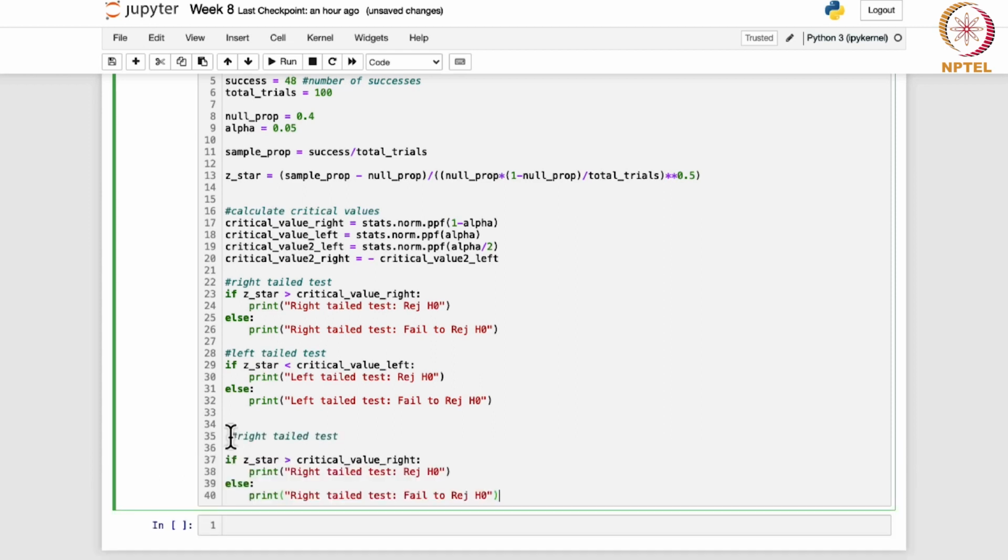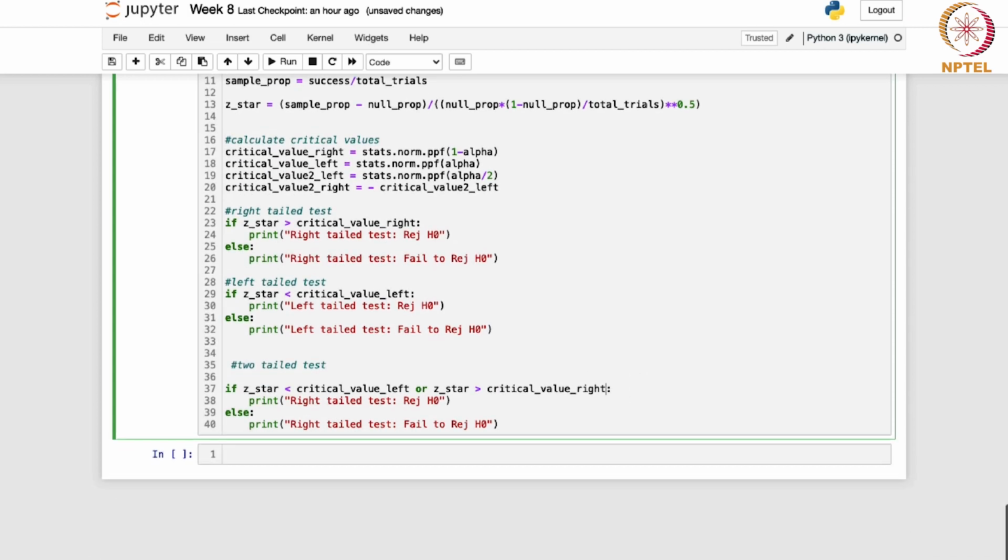For the two tail test we have to look at both the tails. So z star is less than your left tail critical value, or z star is greater than the right tailed. This is your rejection region. Okay, so you will print that two tail test over here. You will reject it, otherwise you fail to reject the null hypothesis.